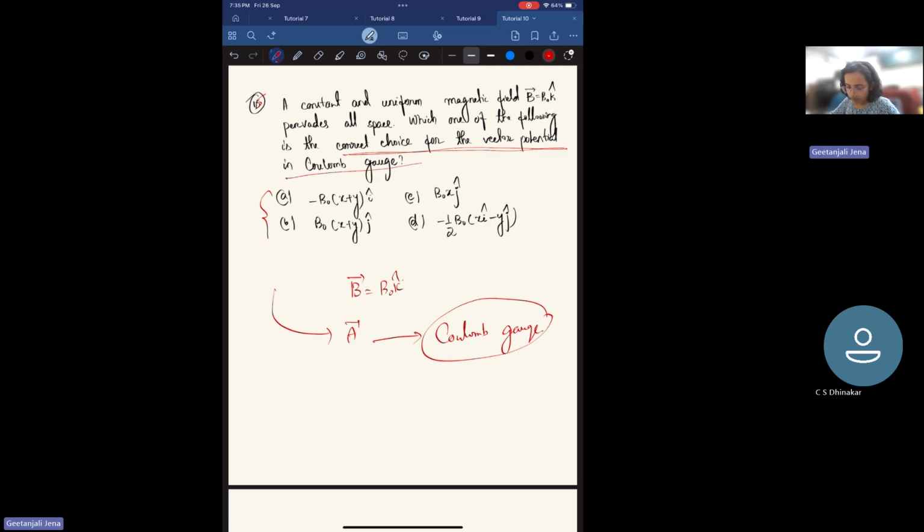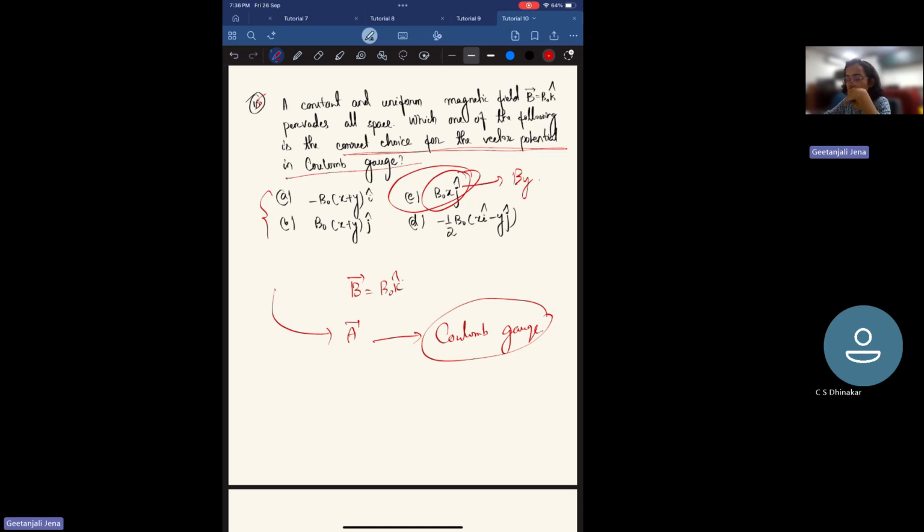Option D. Let me see. I think it's option C, not D. Divergence of A should vanish because it is in the dy, right?